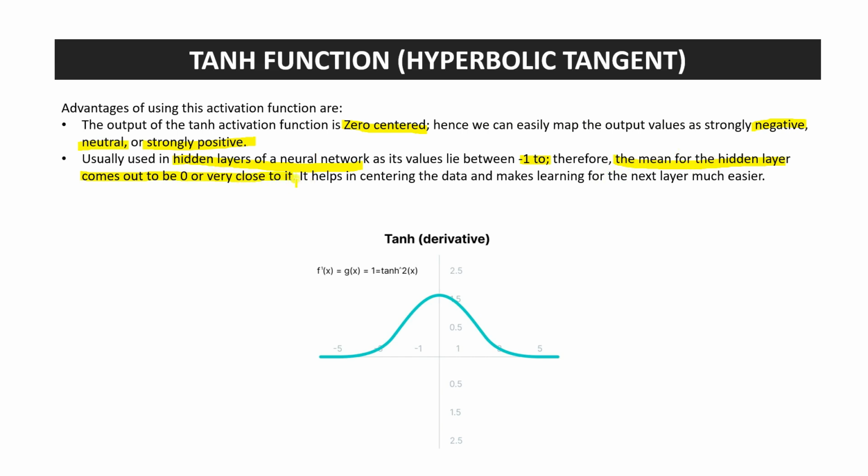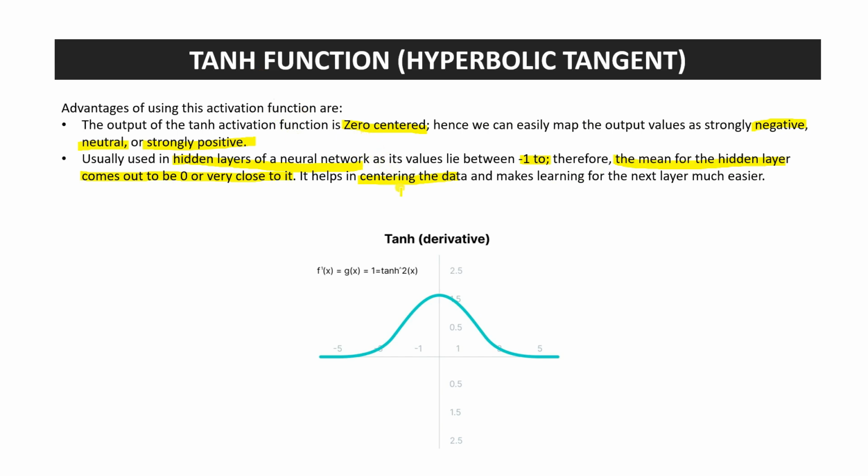That means it's normalized, or zero centered. It helps in centering the data and makes learning for the next layer much easier. That's why the tanh activation function is used. See, it's zero centered, but sigmoid is not zero centered at all, and in a non-linear activation function it should be zero centered.